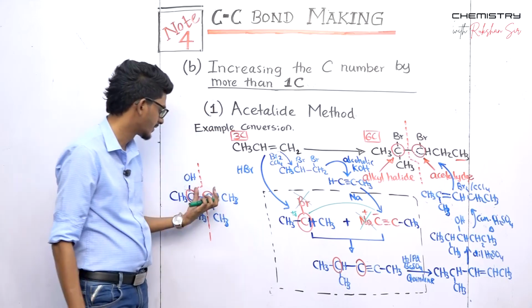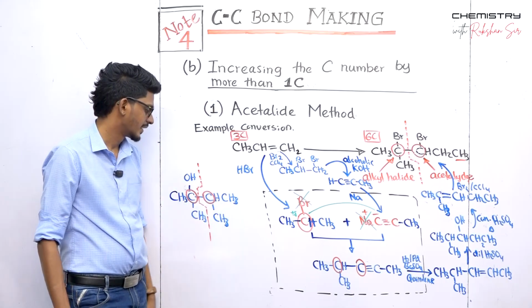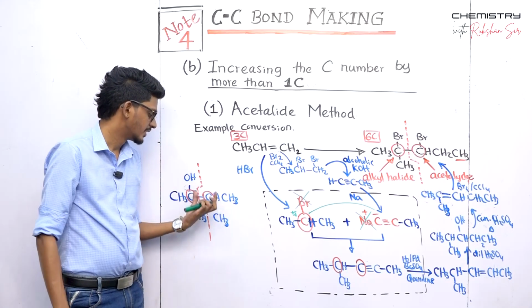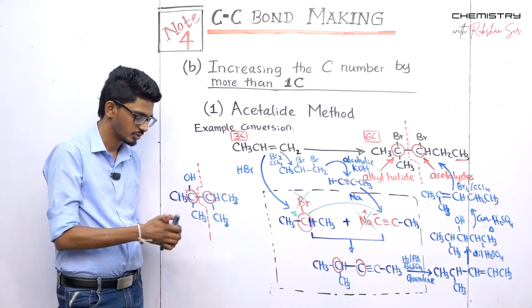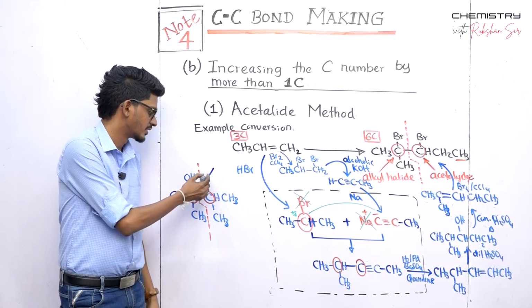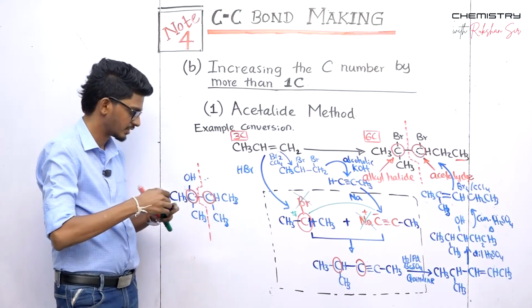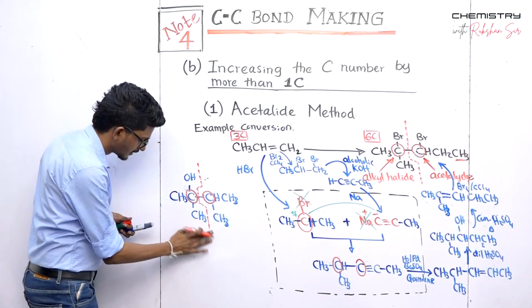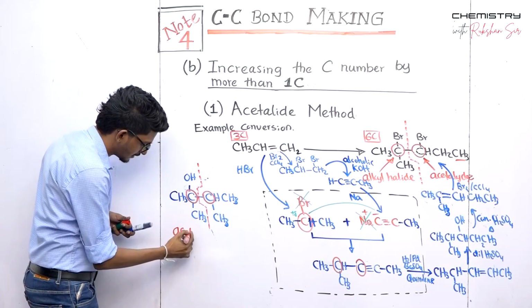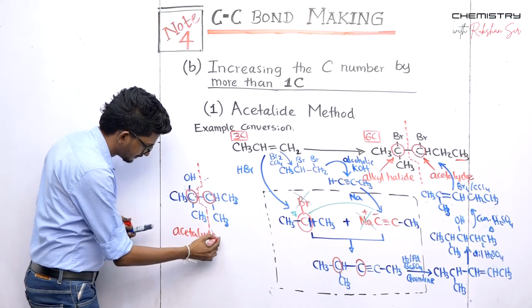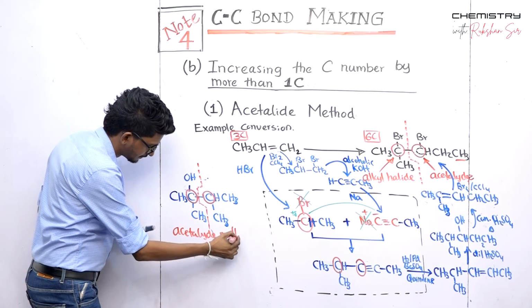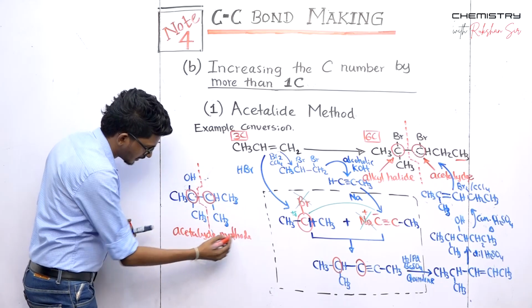If there is no such corner carbon at the connectivity, you can't use the acetylide technique to solve this kind of question. The acetylide method can't be used for these.